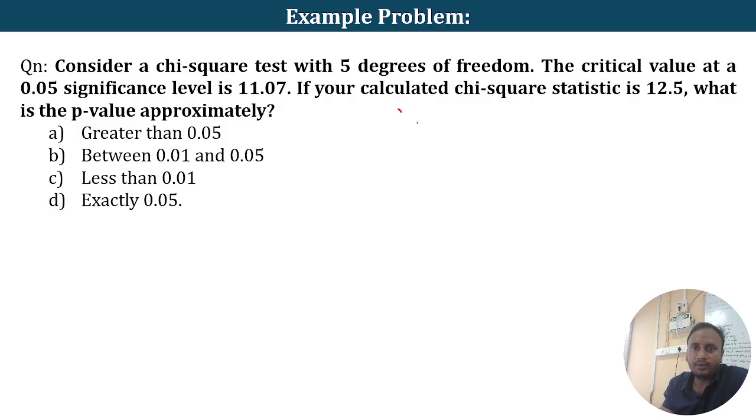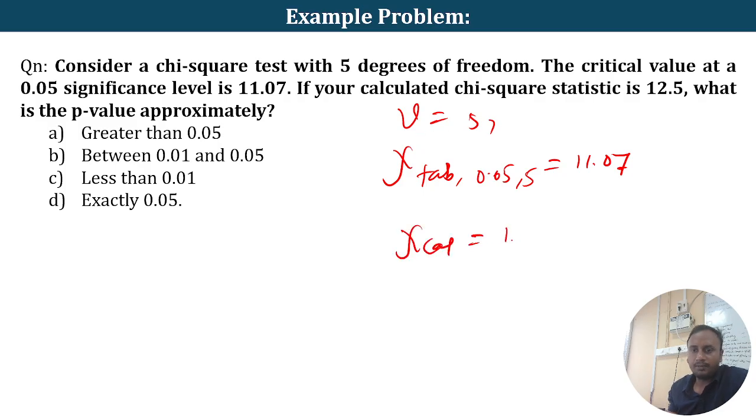The degree of freedom given is 5. The critical value, the tabulated one, given at 0.05 and 5 is 11.07. Then the chi-square calculated came to 12.05. So we are going to reject the null hypothesis. The answer will be below 0.05, but we'll check with 0.01 what the actual value is.